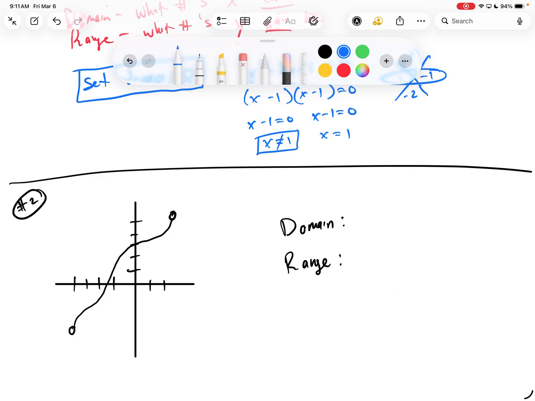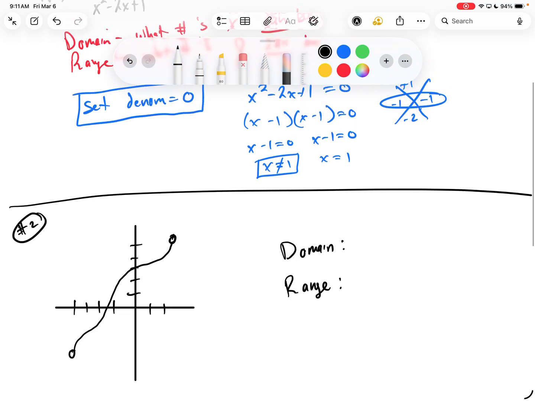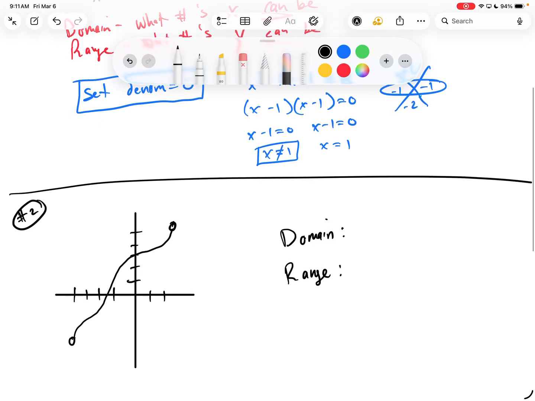So again, your domain has to do with your x's. Technically, the domain is the first element in a function, and the range is the second element in the function. But the domain is your x numbers. We know it's x and y because x comes first, y comes second. So your domain is your x numbers.